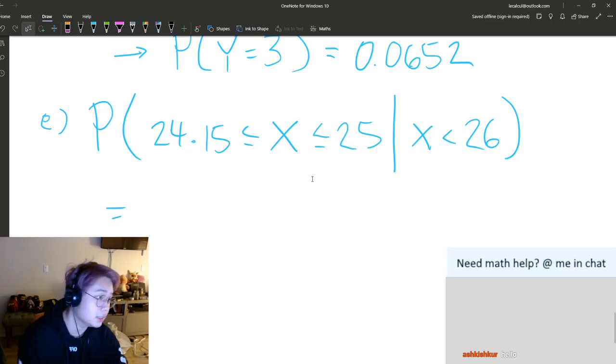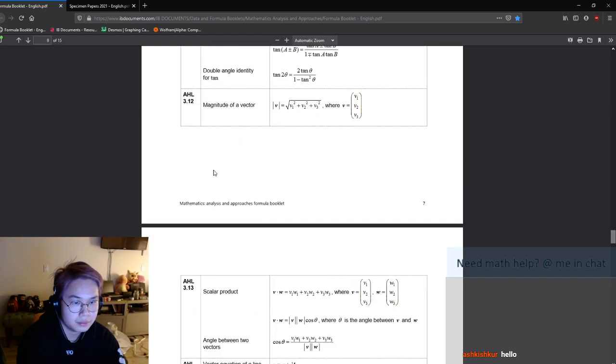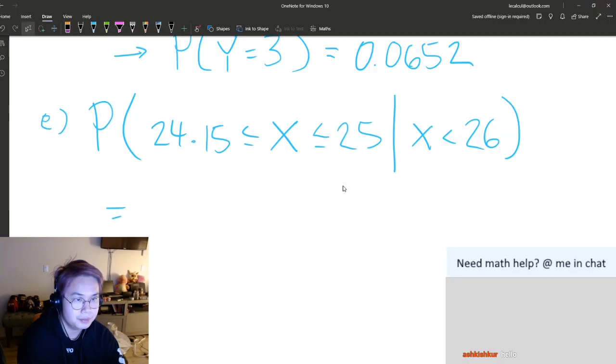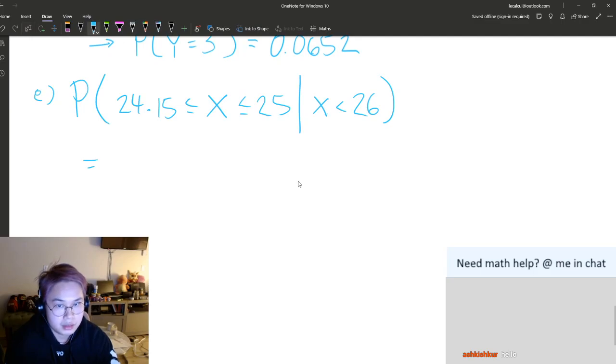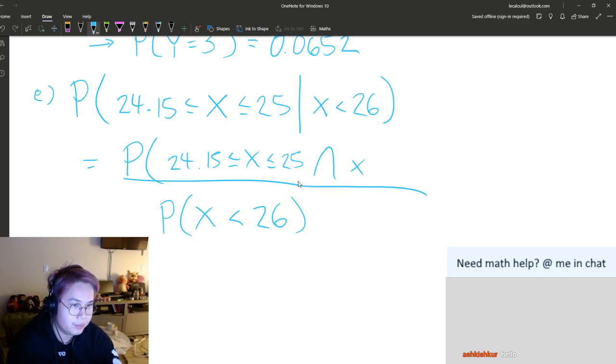So if we go to our conditional probability formula, which is right here, and we just follow it through, we have the probability that a seashell is less than 26, and then the probability that it is in between these 2 values, and intersection at the same time, less than 26 millimeters.